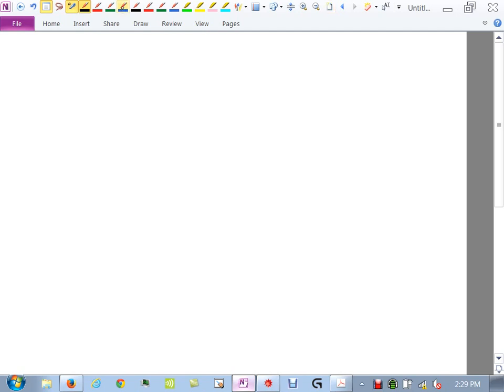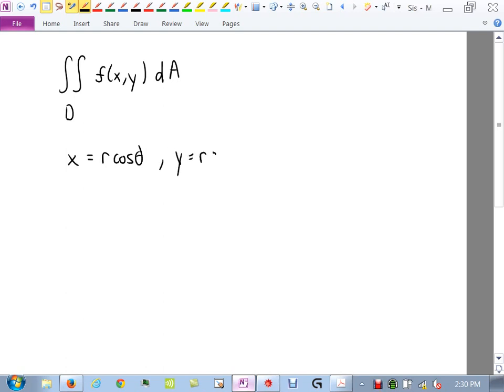Let's take a look at this right here. When we had this integral over D of f of x, y dA, and this was in Cartesian, I made a substitution to go to polar. I said x was equal to r cosine theta, y was equal to r sine theta.